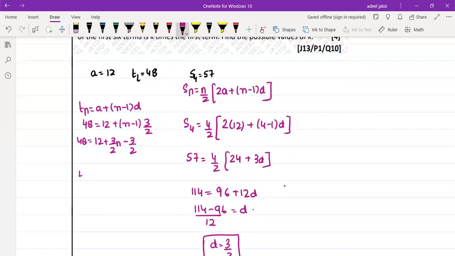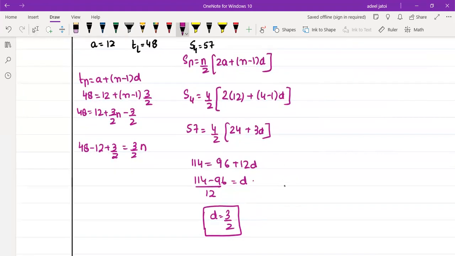And what we can do is 48 minus 12 plus 3 upon 2 is equal to 3 upon 2 n. So 48 minus 12 is 36. And 36 plus 3 upon 2 is 72 plus 3 over 2, equal to 3 upon 2 n.